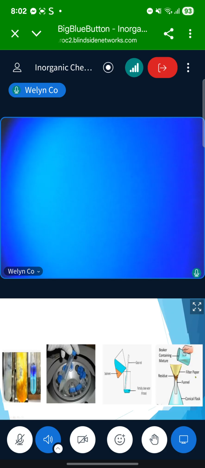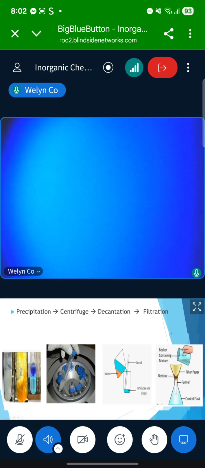Okay, ito yung filter paper natin, and the liquid that passes through the filter paper is what you call your filtrate. And the residue are the substances or the solids that are left behind on the filter paper. This is the setup for your simple filtration process. Okay, precipitation, centrifugation, decantation, and you have your filtration.